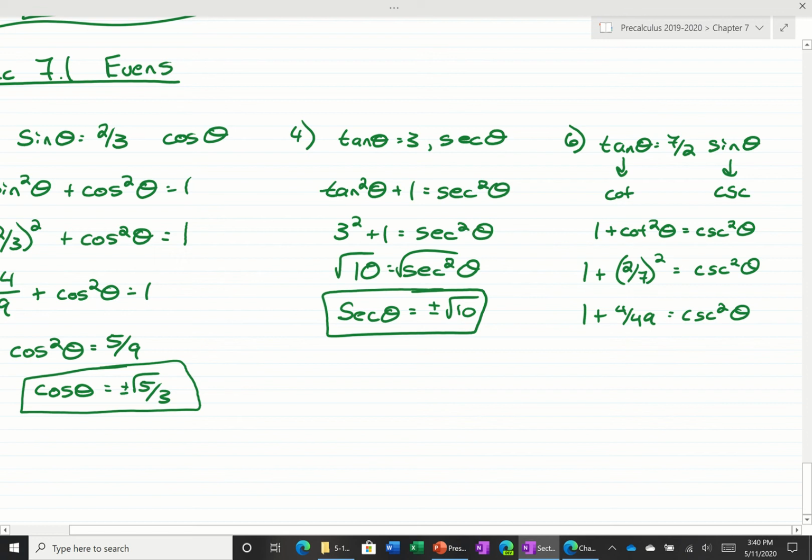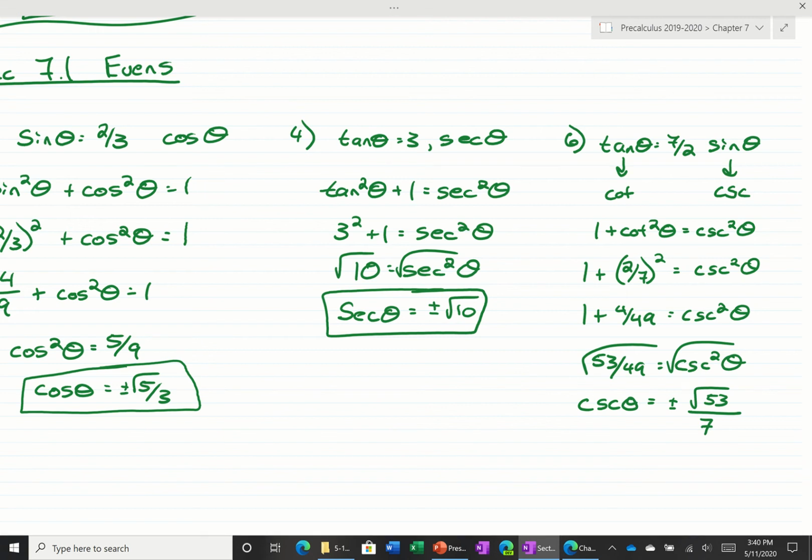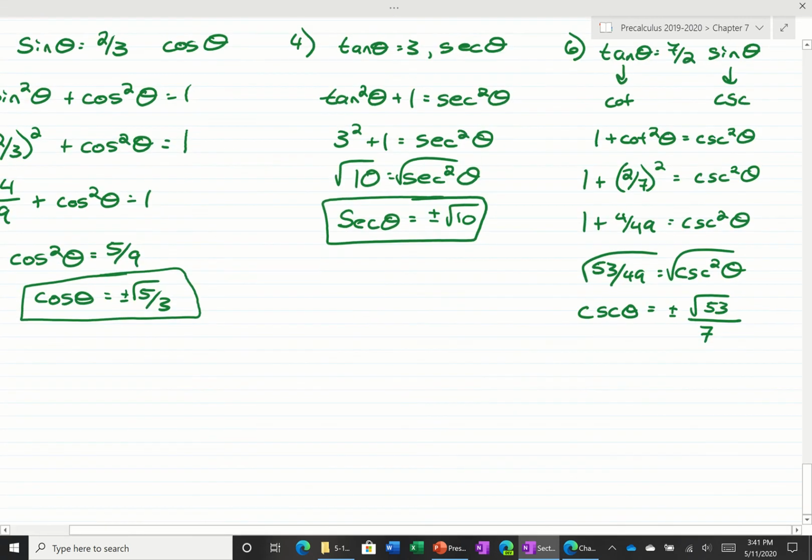49/49 plus 4 is 53/49. Take the square root of both sides, and we'd get that cosecant of theta is equal to plus or minus the square root of 53/7. And the question did ask us to find sine, so we just have to convert using our reciprocal identities.